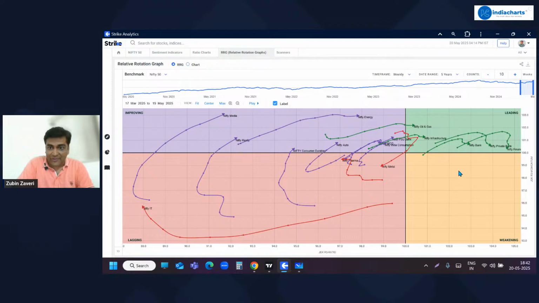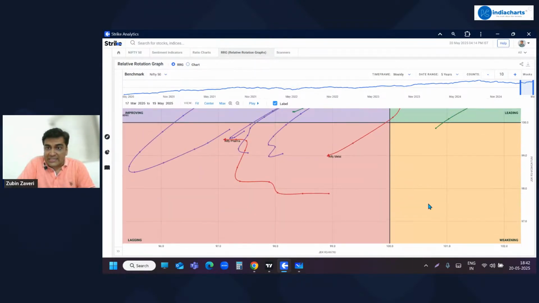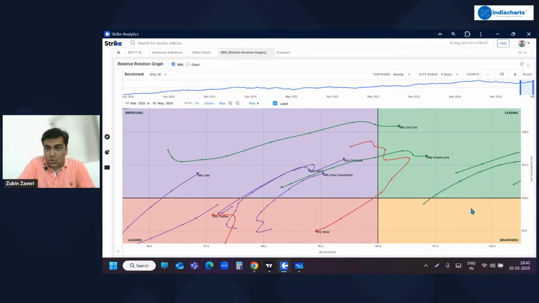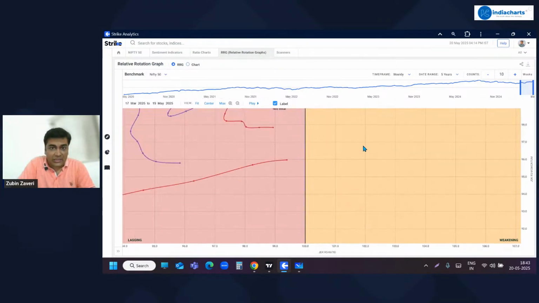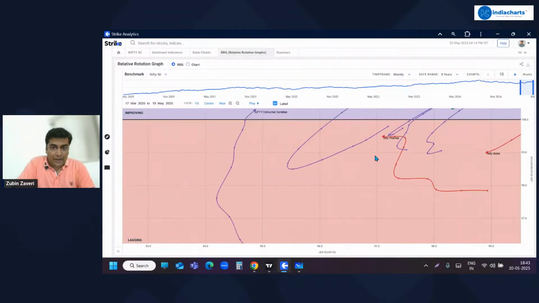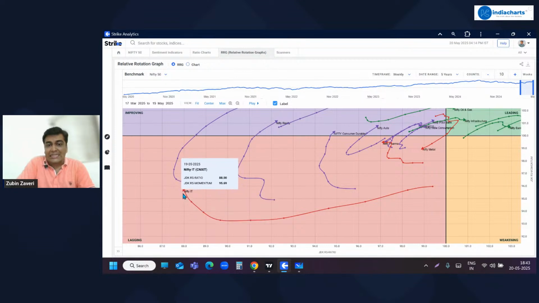Now you think as an investor. As an investor, these are something that we can focus on over here. Oil and gas. Anything in the weakening quadrant? Nothing in the weakening quadrant. Then in the lagging quadrant we can see IT has underperformed a lot since the last 10 weeks, and now since the last 4 weeks the momentum has started increasing.